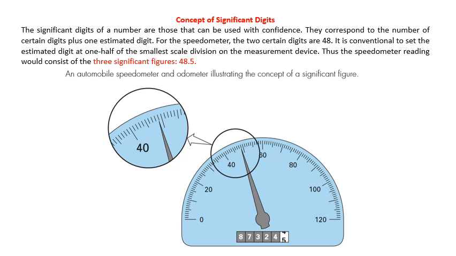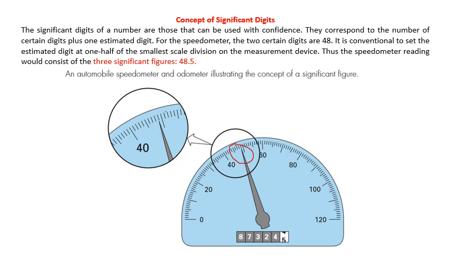As you can see in this diagram, if you look at this odometer and one asks you what the reading is, naturally you can answer that it's 48. But if you take a closer look, you will find that this scale is indicating 48 plus a few digits more than that.